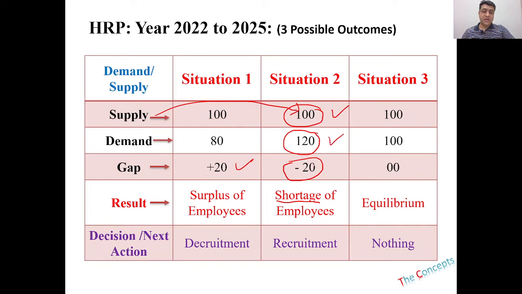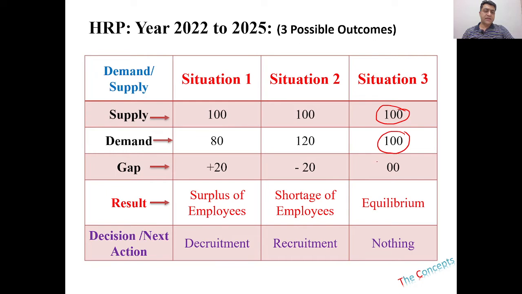So 20 extra people will be required, which means you will be having shortage of employees. The third situation is relatively simple: you have 100 employees, this is your supply, and you will be needing 100 employees. It is not likely possible, but if this is the situation, then you have the equilibrium position.